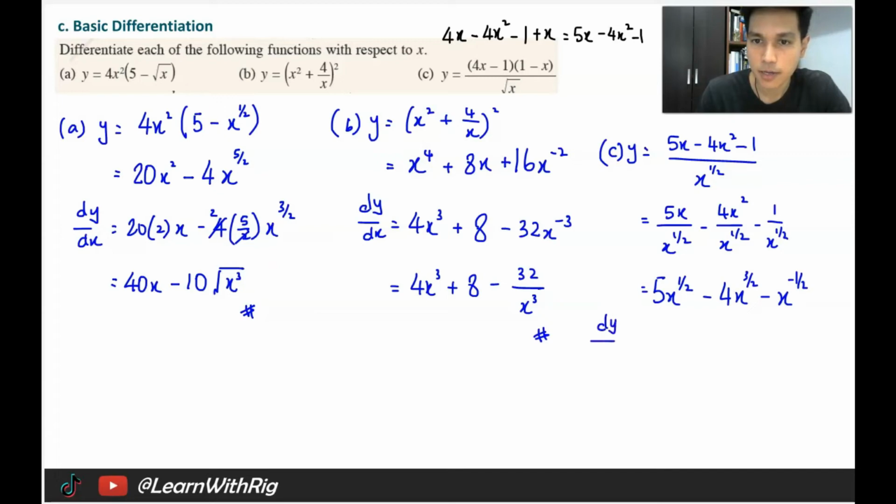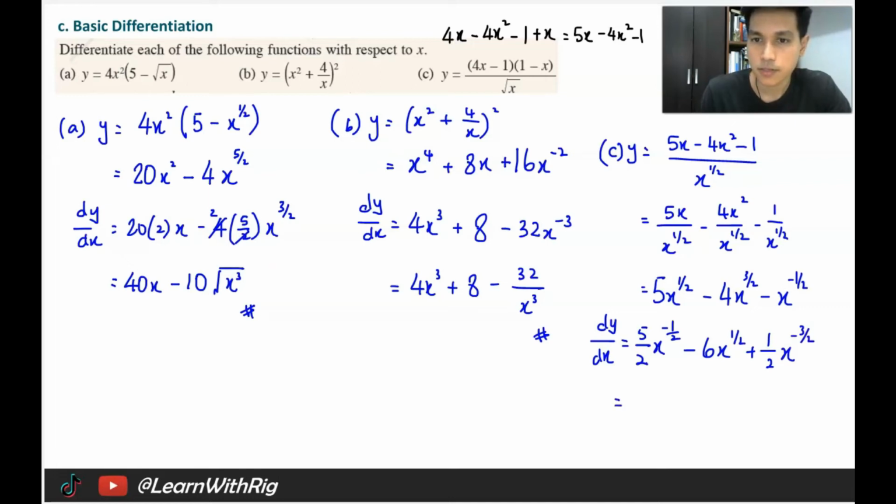So dy/dx equals 5 over 2 x power 1 over 2 minus 1, which is negative 1 over 2, minus 4 times 3 over 2, you get 6x power 3 over 2 minus 1, which is 1 over 2, plus 1 over 2 x power negative 1 over 2 times minus 1, negative 3 over 2.